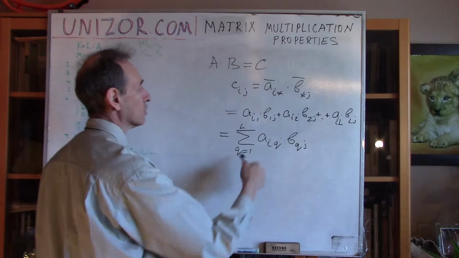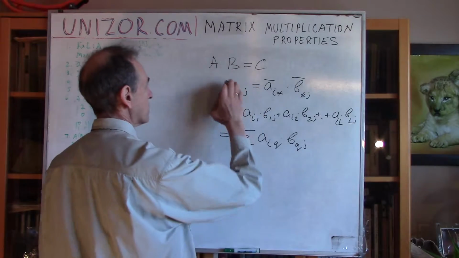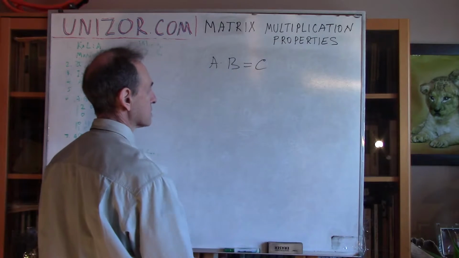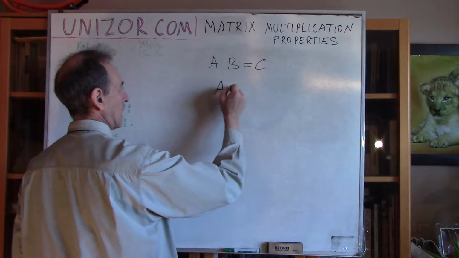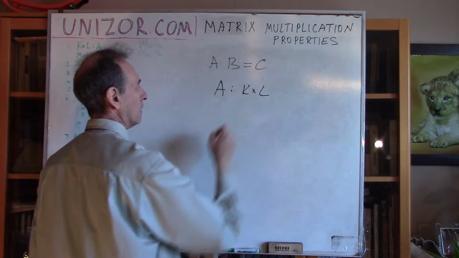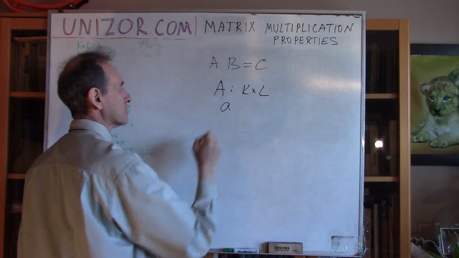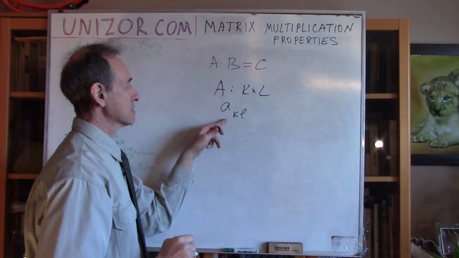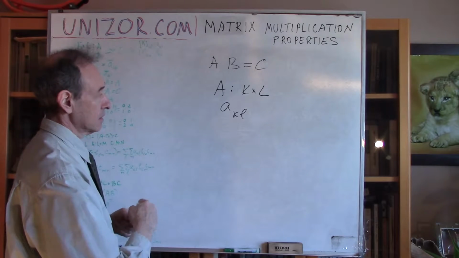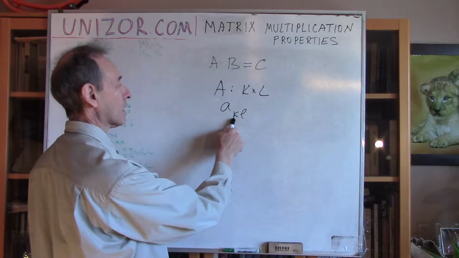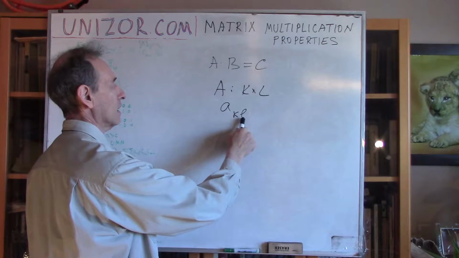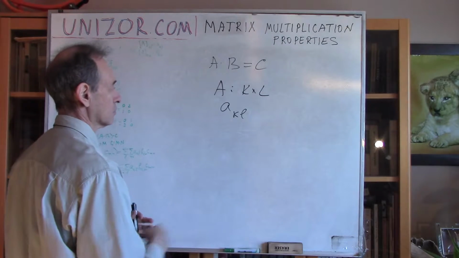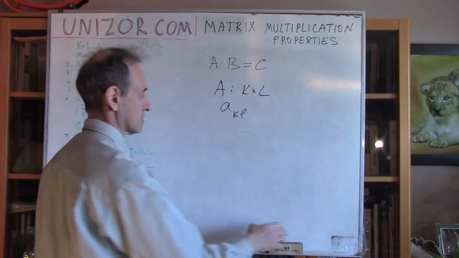So I'm going to use this particular notation. Another thing which sometimes might be handy: if my matrix A has dimensions, let's say K by L, most likely I will use lowercase k and lowercase l as indices for elements of this matrix, which implies lowercase k is changing from 1 to capital K, lowercase l is changing from 1 to capital L. That's just a convenience to remind the dimensions of the matrix.